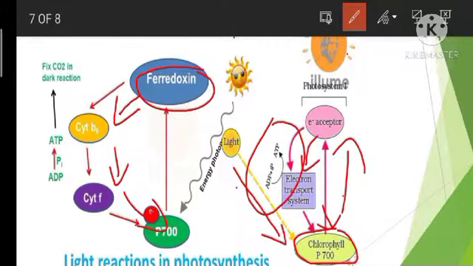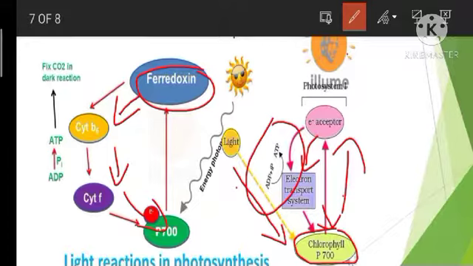When the electron is transported through the electron transport system, the electron carriers receive the electron and pass it to the next electron carrier, and at last it will reach the P700 or the photosystem 1. So during that process, when electron is transported, hydrogen ions also get accumulated, and then a proton gradient is formed, which helps in the synthesis of ATP.